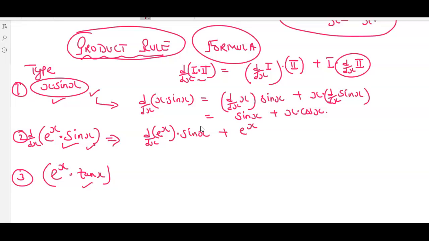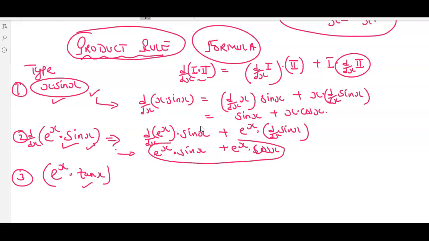Then we have e to the power x into derivative of sin x, and it is e to the power x into sin x plus e to the power x into cos x. Like to place some brackets where it can be highlighted. Okay.